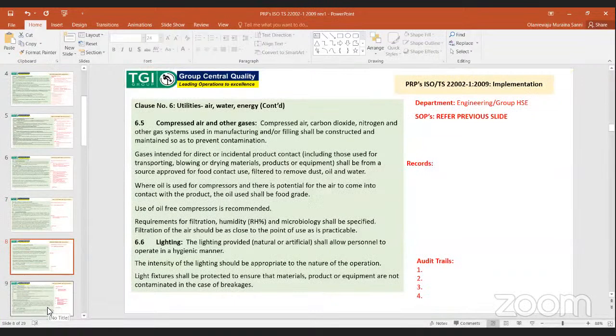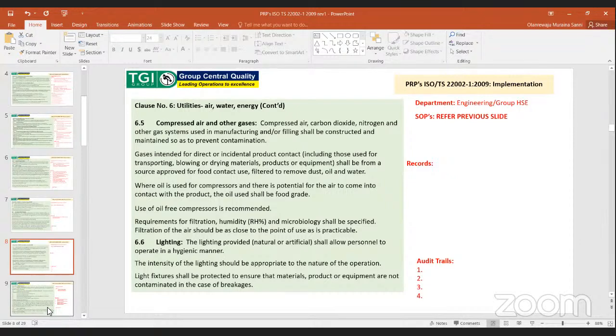Also, utility continues. Then we have compressed air and other gas. We don't have that. We don't use that. Then we have lighting. There's a specific lighting requirement.